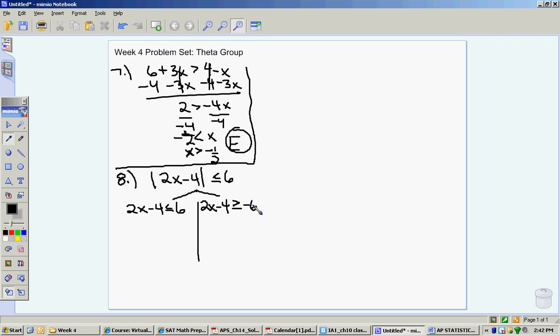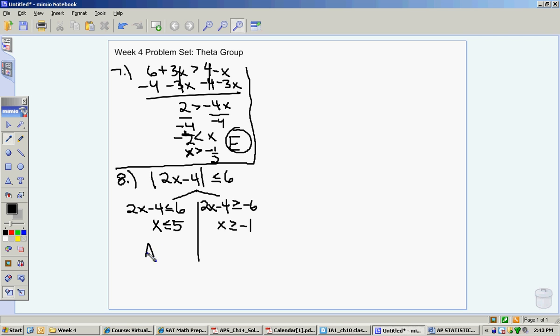Add 4, divide by 2. We get x is less than or equal to 5. Add 4, divide by 2. We get x is greater than or equal to negative 1. Okay, so we're looking at which one of these does not belong, and we see that it is answer choice A.